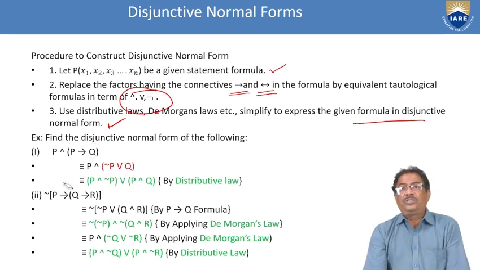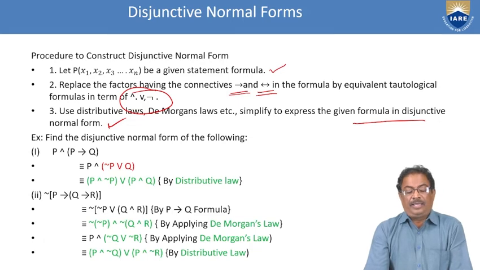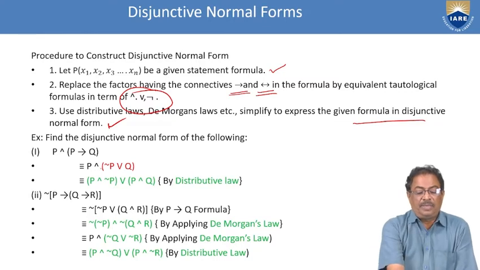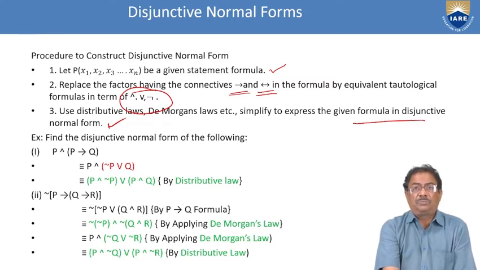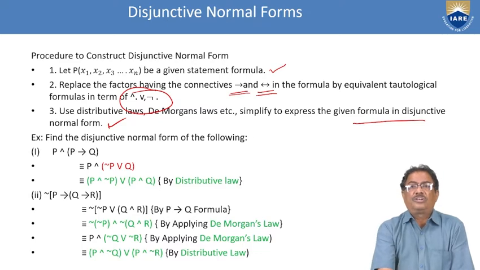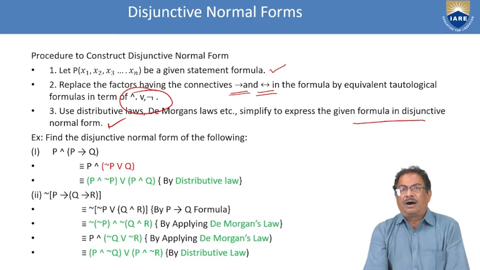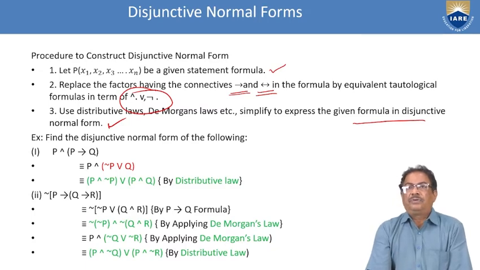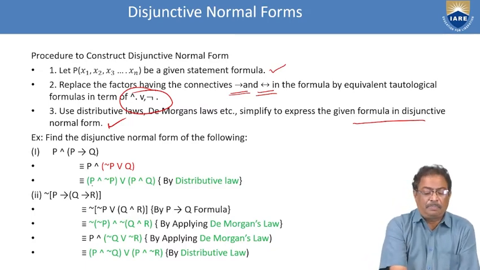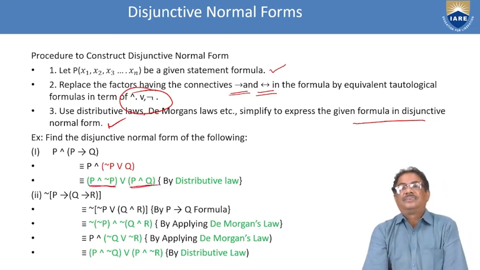Once we remove the conditional, we apply distributive laws, De Morgan's laws, or any other rules of logic, and reduce. Here I am just applying the distributive law. So this is written as P and negation P, or P and Q. Here this is an elementary product, and this is another elementary product.